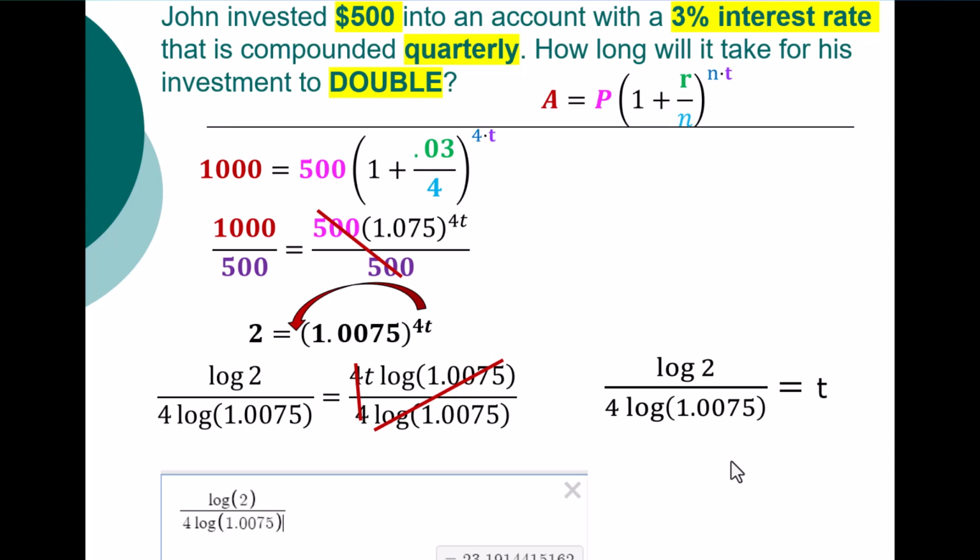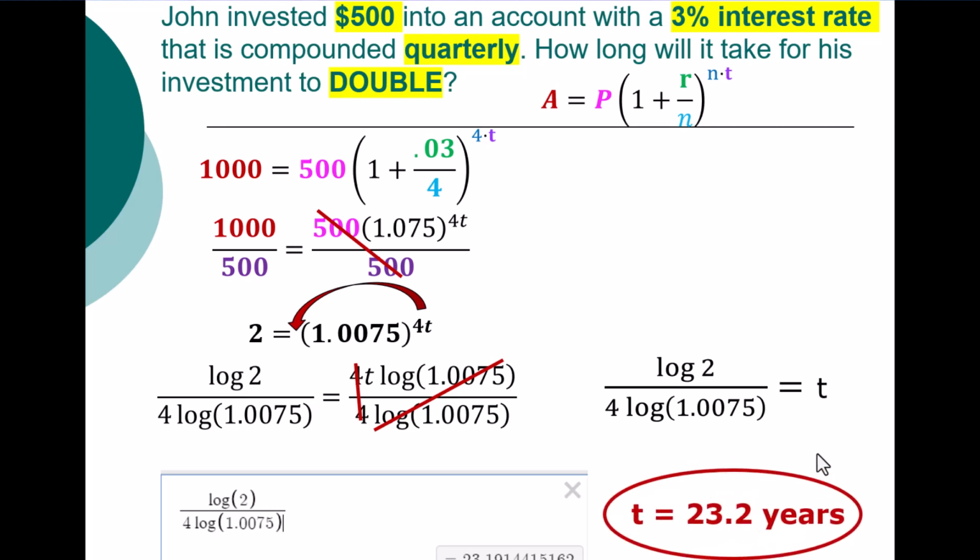When you're talking about years, we've got to convert that time, 12 months in a year, and decide how we're going to convert it. I rounded it to the nearest tenth, so time is 23.2 years. When we're talking about word problems, we need to make it make sense.